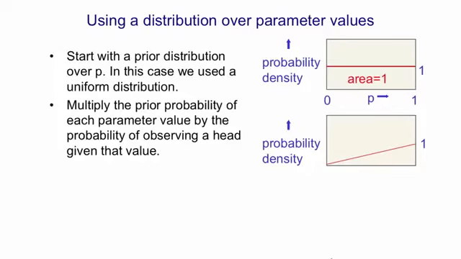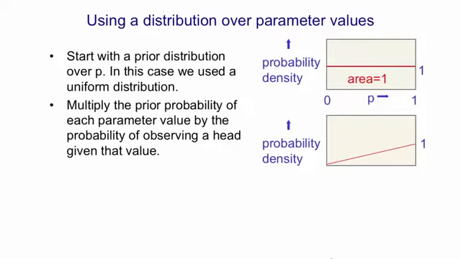So we take that red line, that's our prior, and we multiply each point on that by the probability of observing a head according to that hypothesis, and now we get the sloping line. That's our unnormalized posterior. It's unnormalized because the area under that line doesn't add up to 1.